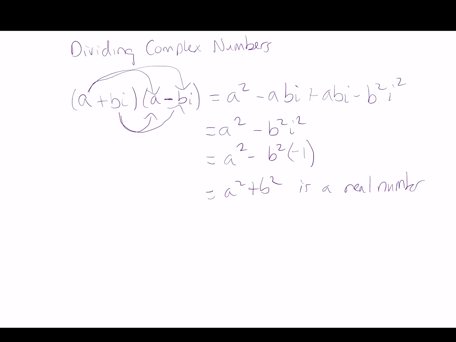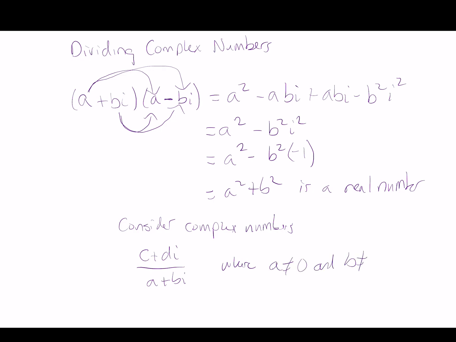So what we can do now is consider the following. Consider complex numbers c plus di divided by a plus bi, where a is not equal to 0 and b is not equal to 0.